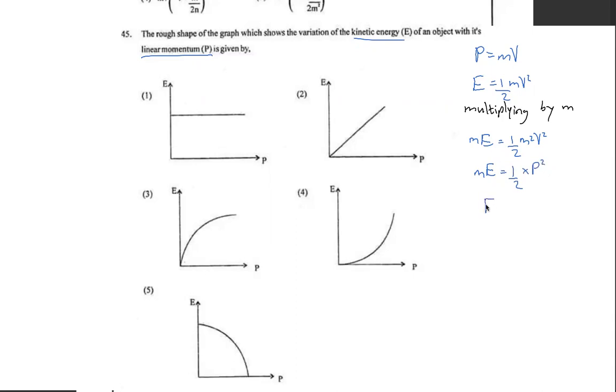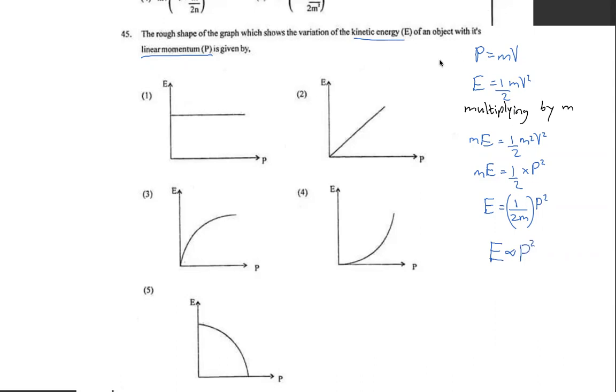So if I make E the subject, I'm getting 1 over 2m into p squared. Mass of the object is constant, so the gradient is constant. Therefore, E is proportional to p squared.